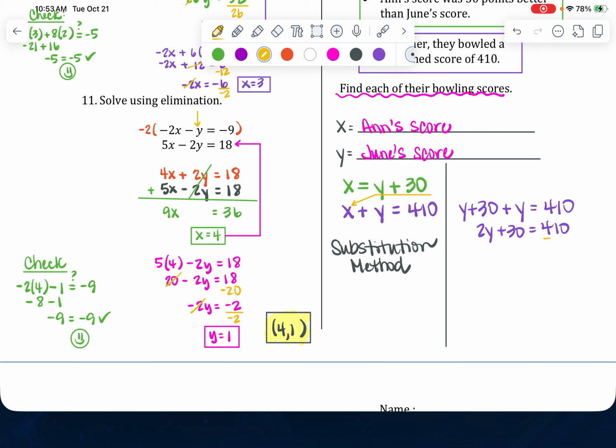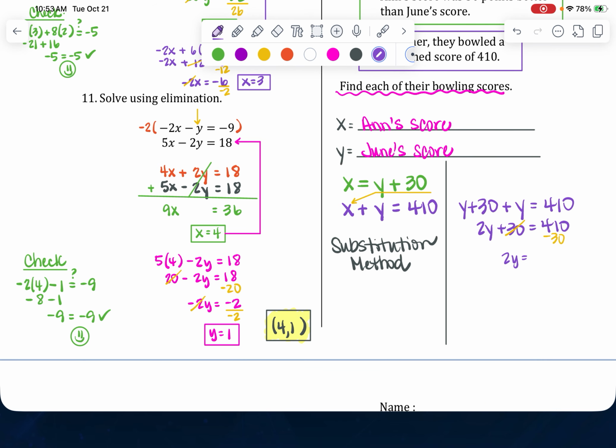I'm going to subtract my 30. So 2y equals 380. And then I'm going to divide that 2 off, and so I'm going to get y equals 190.